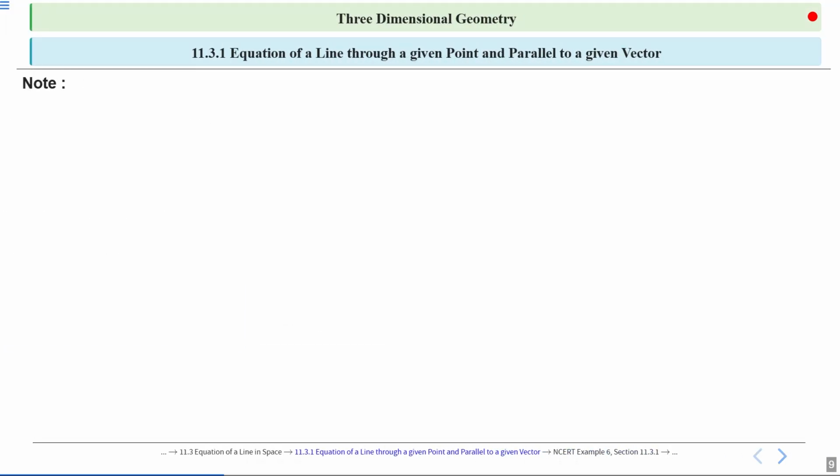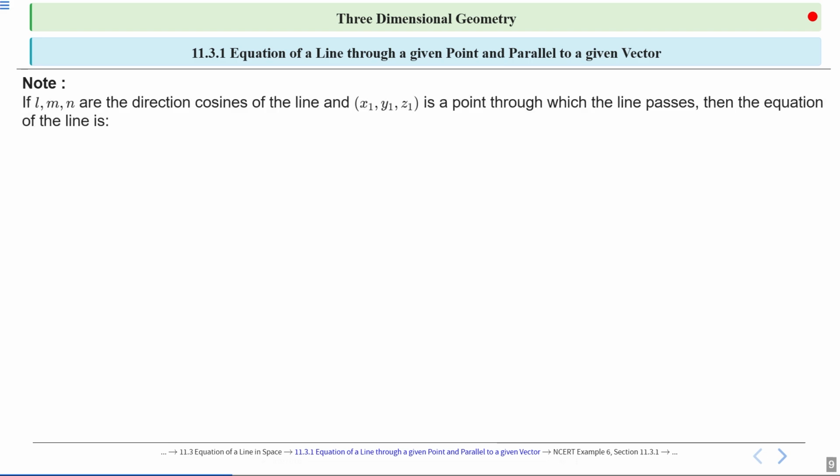Now let's look at an important note in three-dimensional geometry. Here L, M and N represent the direction cosines of the line, which tell us the direction of the line along the x, y and z axis. x1, y1, z1 is a specific point that the line passes through.